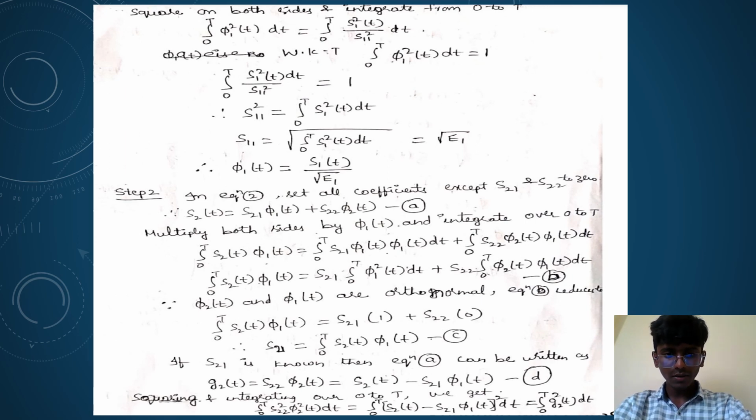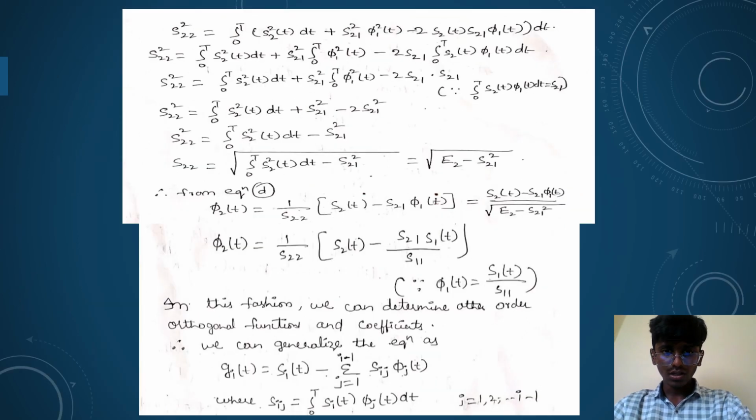From this step, we can prove that s21 is equal to the integration from 0 to T of s2(t) phi1(t) dt. This can be considered as equation c. If s21 is known, then equation a can be written as given. Moving to the next slide.